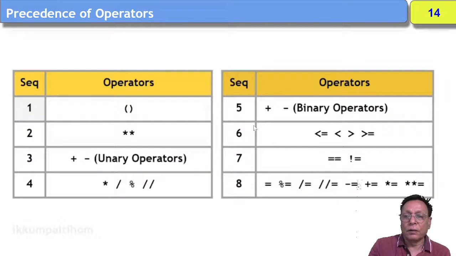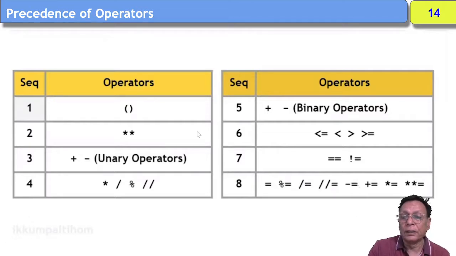On sequence number 5, there are two operators, plus and minus. So what is the difference? Plus and minus as unary operators are applied only on one operand, before the operand.